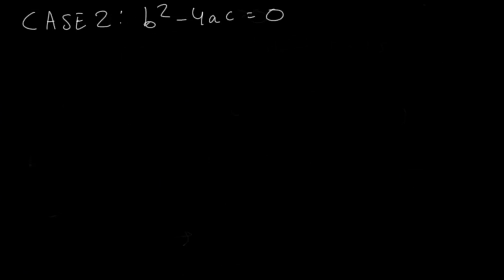All right, for case 2, when your discriminant of b squared minus 4ac is equal to 0, it means that your quadratic is going to have one real repeated root.